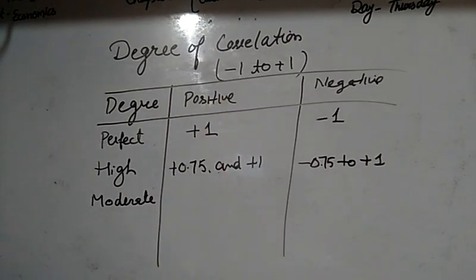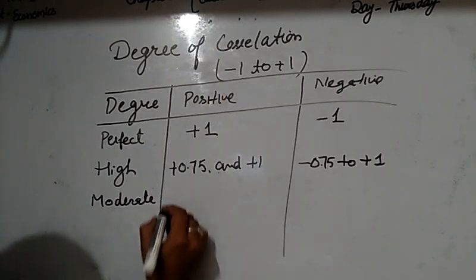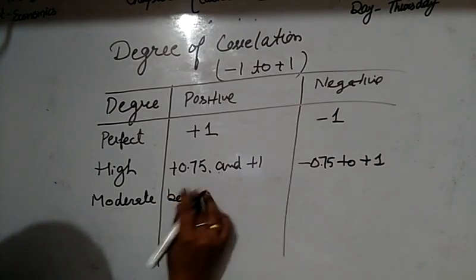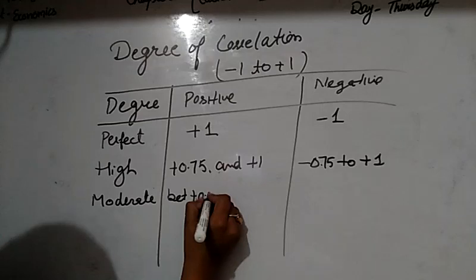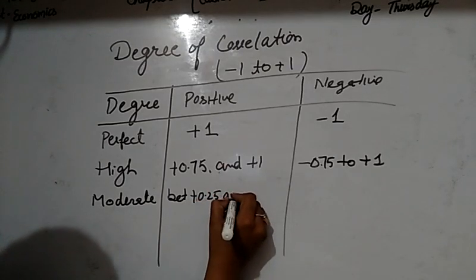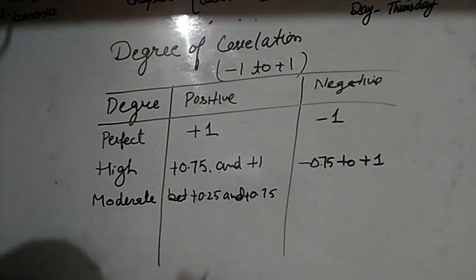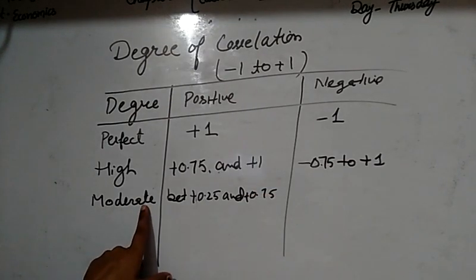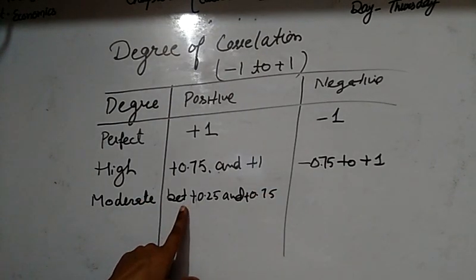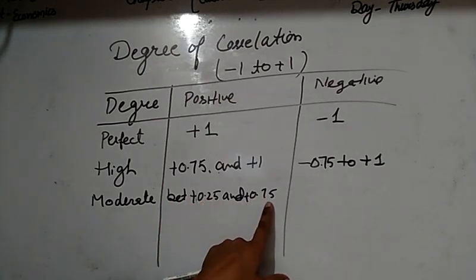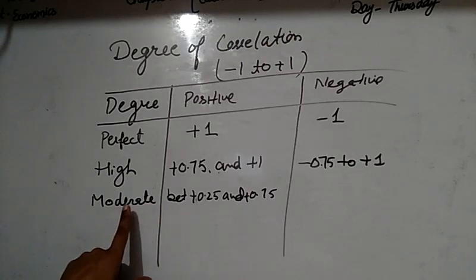Moderate positive correlation is when the value is between +0.25 and 0.75. When the value of the correlation is ranging from +0.25 to +0.75, that we call moderate positive correlation.